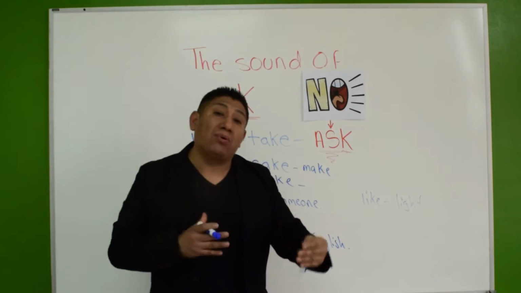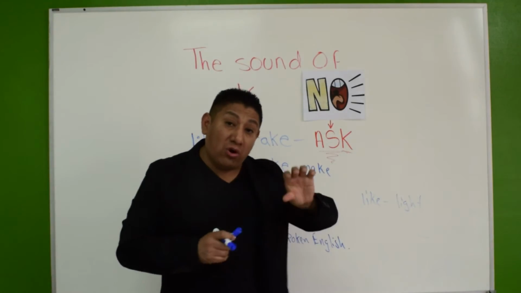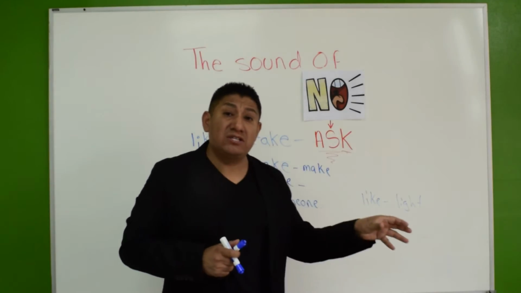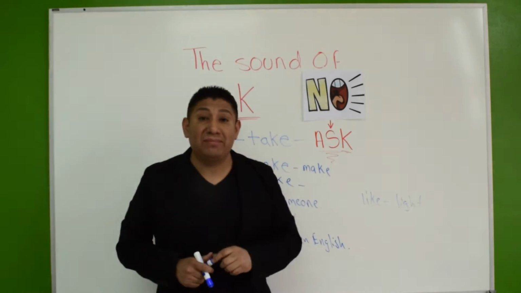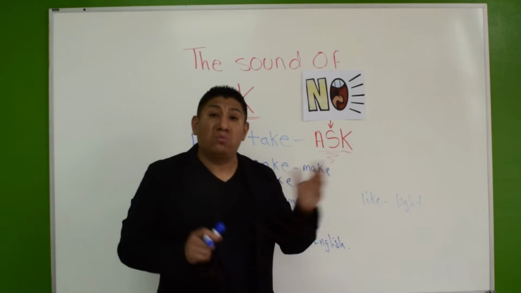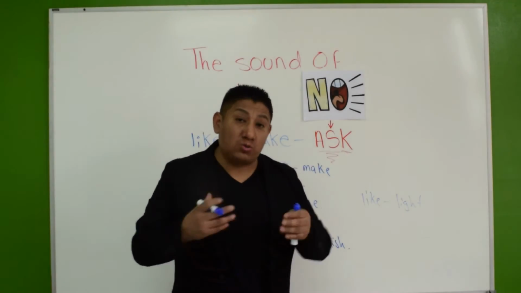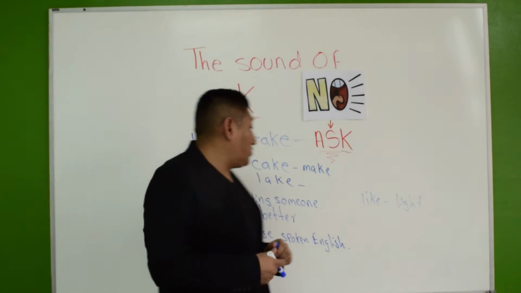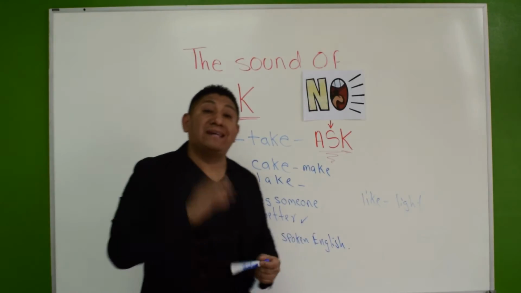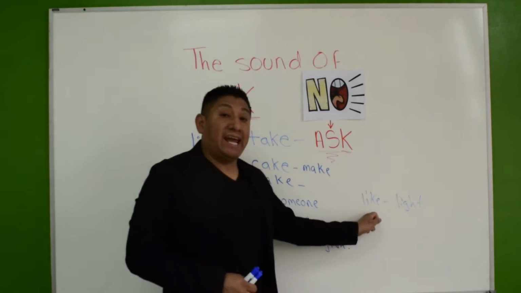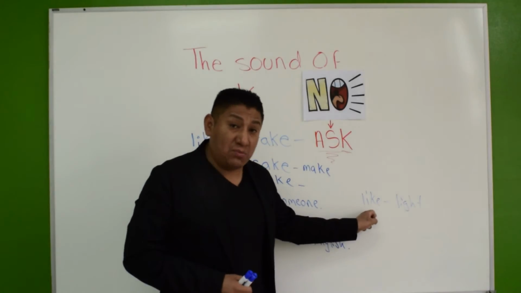So you see how important it is to actually work on the last sound of these words, like and light. They are very similar, and we don't want other people to get confused when we speak the language. All right? So that's basically what we're doing. So we are pronouncing better by targeting letter K whenever we have it in a word.